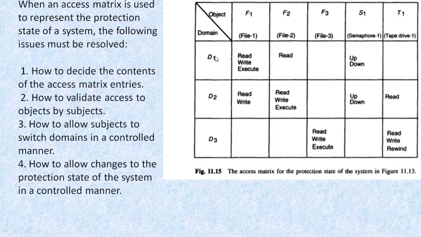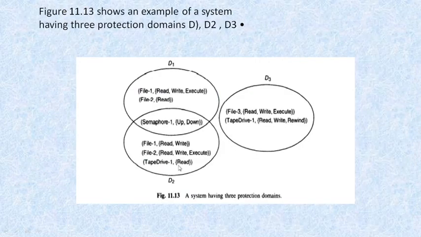Similarly, on domain D1, what are the file permissions for F2? That is read. Like that, semaphore up and down, which means we can increase and decrease the values of some outputs. And for D2, we have file permissions read, write, and execute. The same, whatever file permissions for read, write, and execute.